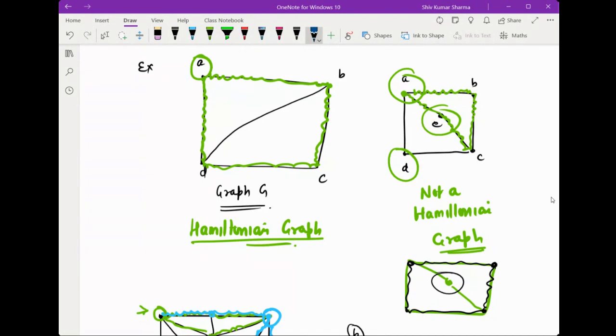Students, is the first one an example of a Hamiltonian graph or not? Achal, Deepak, Gagan, Gauri, Anjana, Ashna, Parveen, Vidhu.